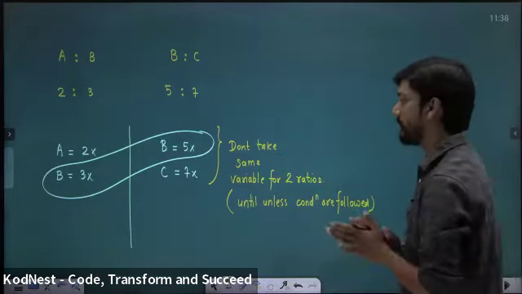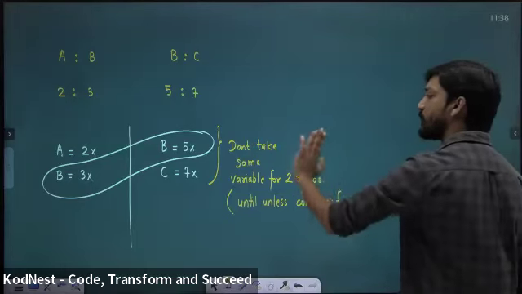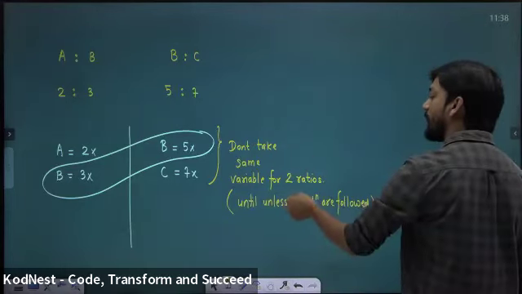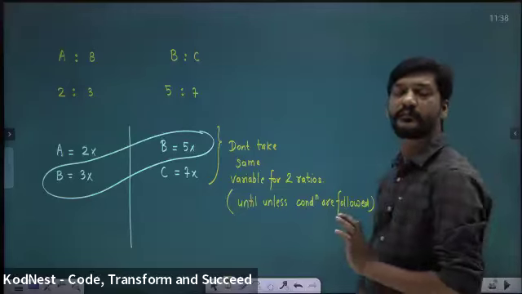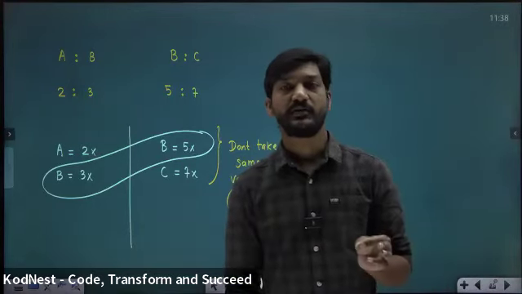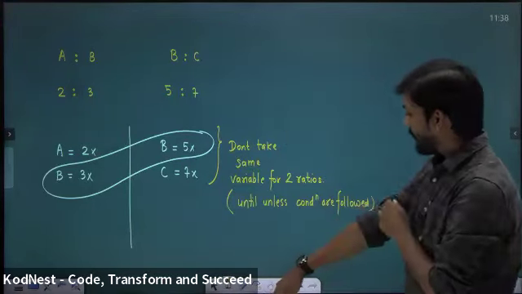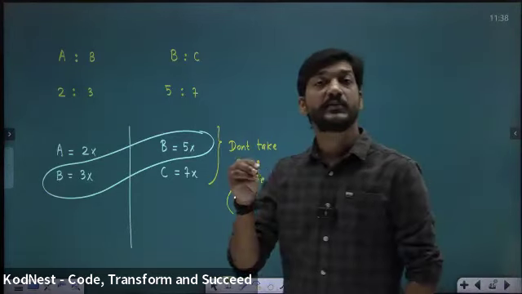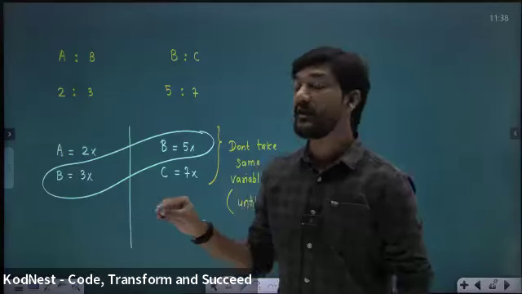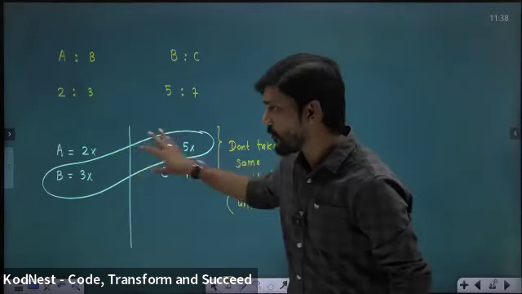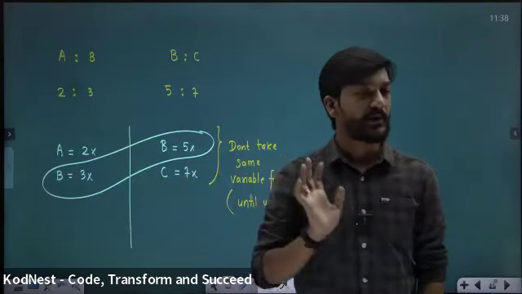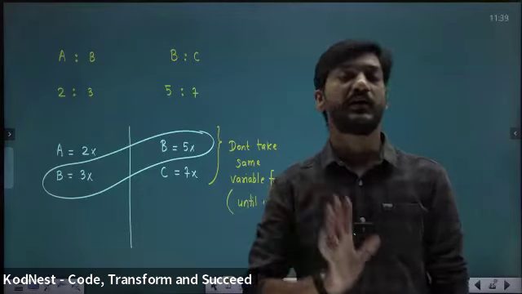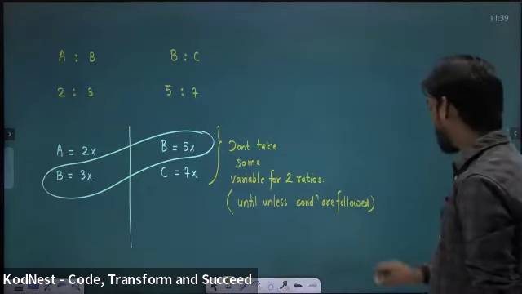Right now we are seeing the problem, so don't take it, until conditions are followed. What are the conditions? We'll see. But what we are understanding from this is that yes, there is a possibility that we can take the same variable for both ratios. We have to find that possibility. So let's see, please.